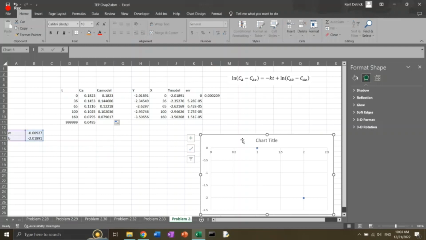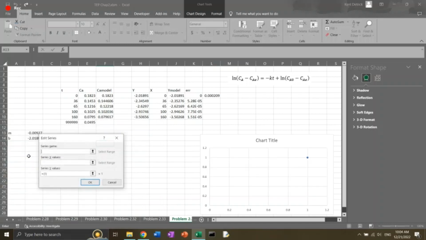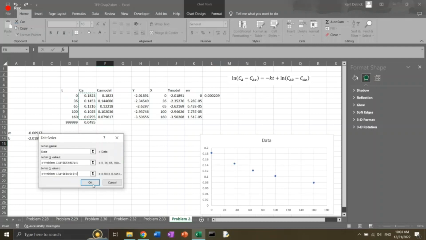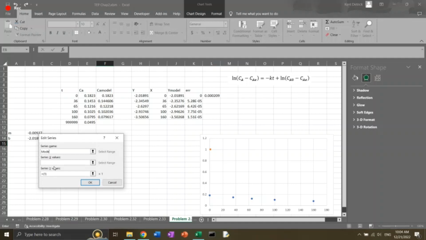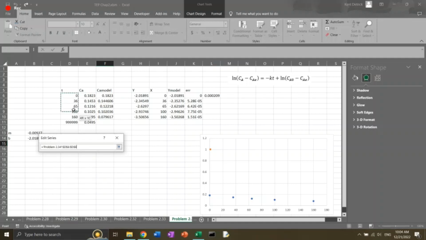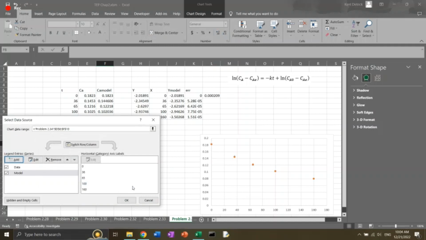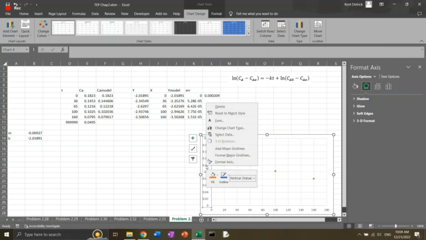So we'll make a data plot, X, Y, and then we'll make a model plot, X and Y, and then we will plot this.